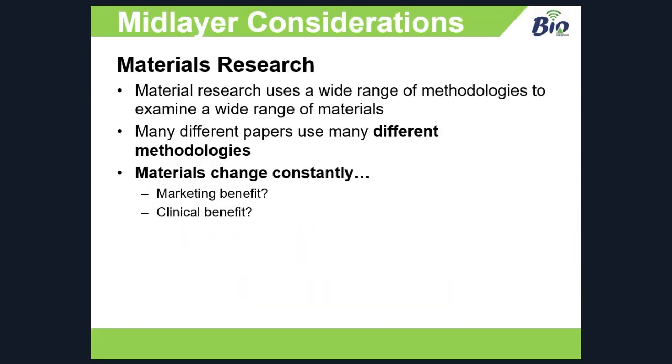Again, just a word of warning, materials research uses a wide range of methodologies. And they use a wide range of materials. They don't really study two materials with the same design or the same materials. It's a very broad subject and very interestingly designed. No one kind of does a consistent study over time. So when we look at materials and what they say they do, we need to acknowledge that. All right. Is there a marketing benefit to changing the materials?